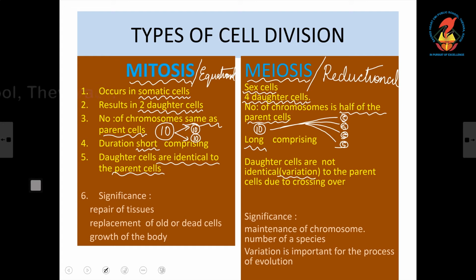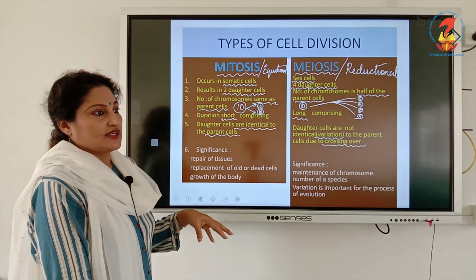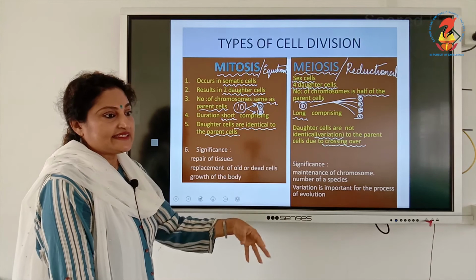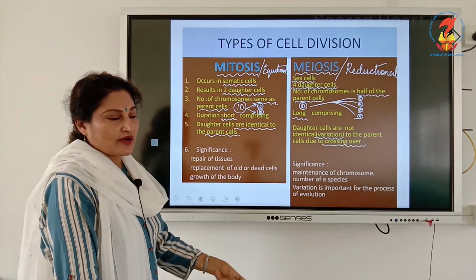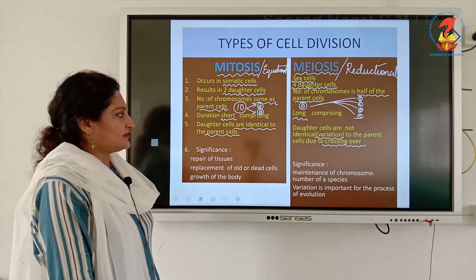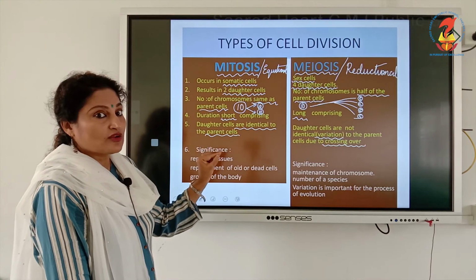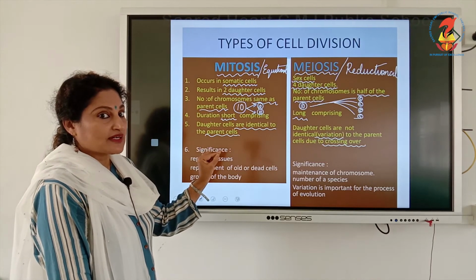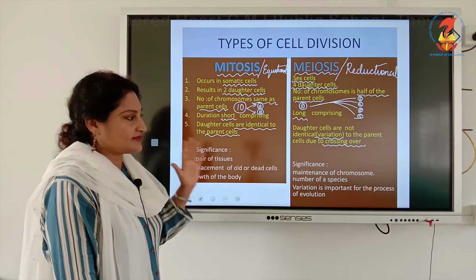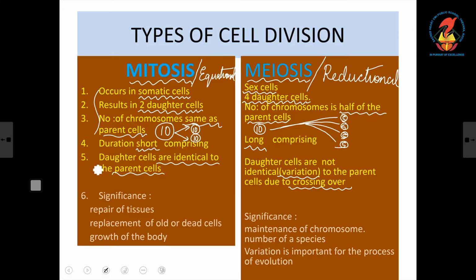They show variation. How did this variation arise? Variation arises because of a process called crossing over, which occurs at the pachytene stage of prophase 1 of meiotic division 1. So that phenomenon involves an exchange of parts and hence results in variation. Clear? So these are the 5 main differences between mitosis and meiosis.